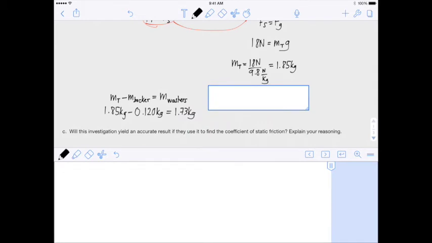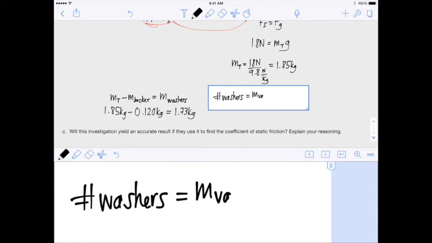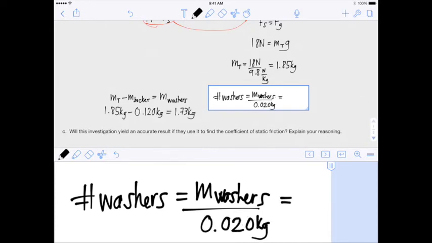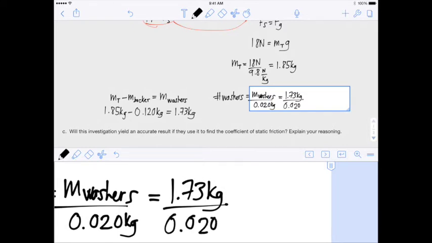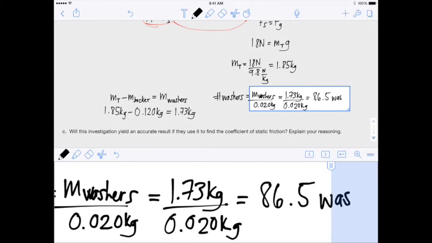If we want to determine the number of washers, it's equal to the total mass of washers divided by the mass of one washer, which is 0.020 kilograms, or 20 grams. So 1.73 kilograms divided by 0.020 kilograms, you end up with 86.5 washers.